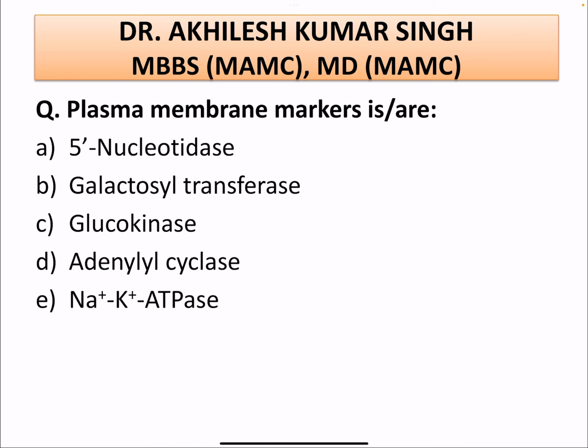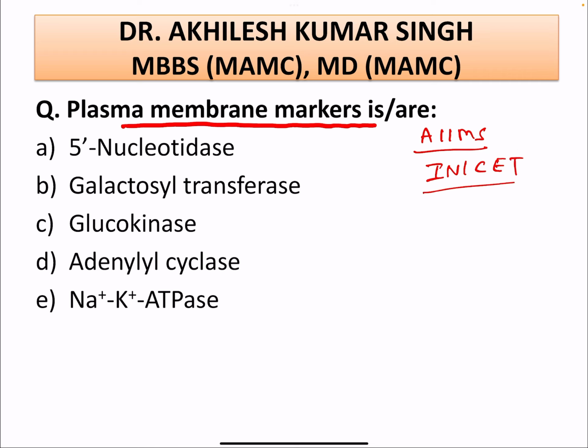The next question is about the plasma membrane markers. These types of questions are very frequently asked in the AIIMS exam or INICET exam, so you have to remember the plasma membrane markers. These are all enzymes.